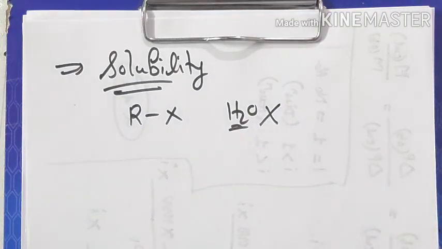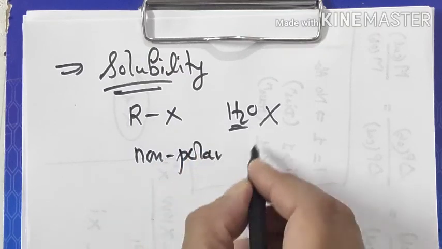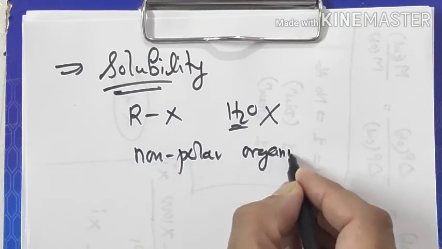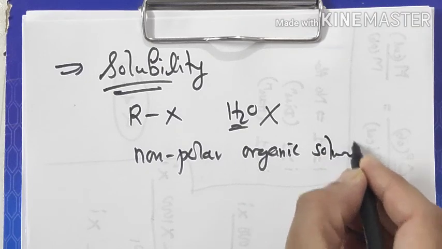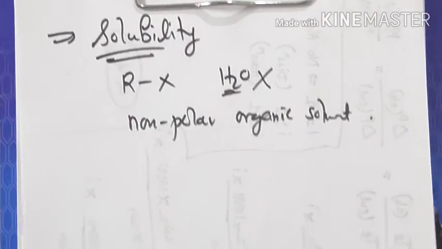That's the reason alkyl halide is practically insoluble in water. It is not soluble in water. Okay, but it is soluble in non-polar organic solvent. It is soluble where? In non-polar organic solvent. Got that? Okay.